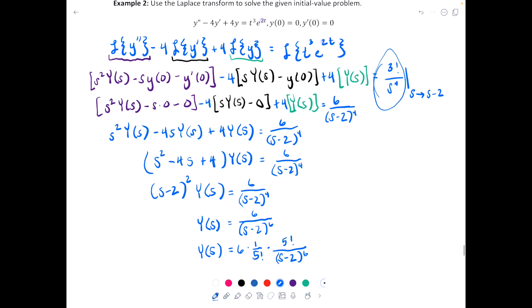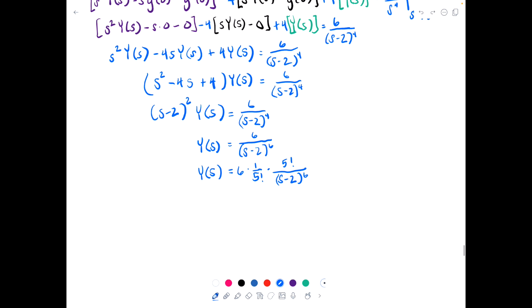Then what will happen is we will get Y at s is equal to, I'll reduce it in the next step. I don't feel like doing the math. 5 times 4 times 3 times 2, and then the 3 and the 2 divide out, the 6 times 5 factorial over s minus 2.